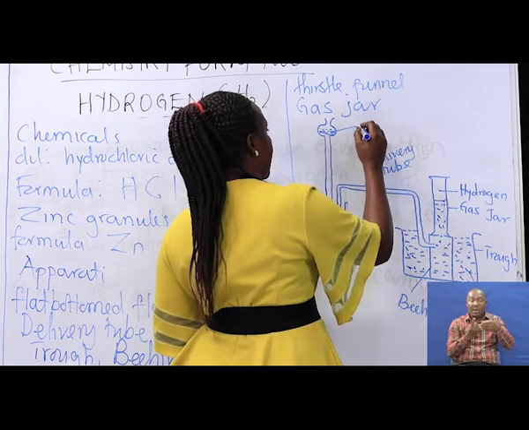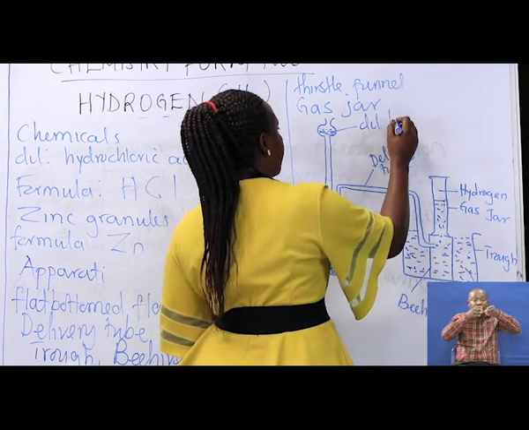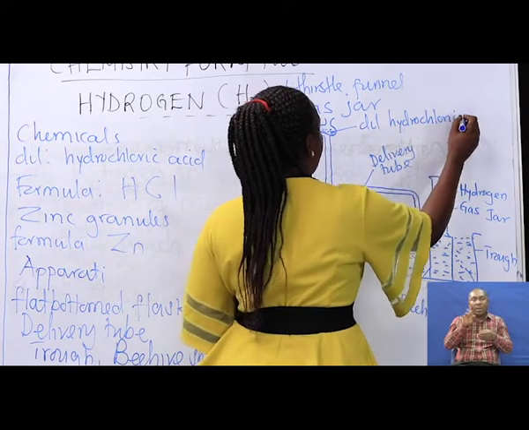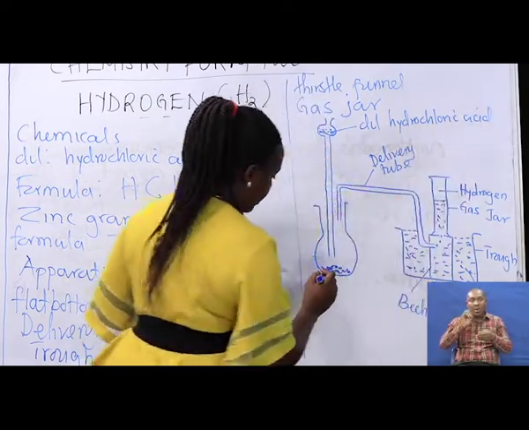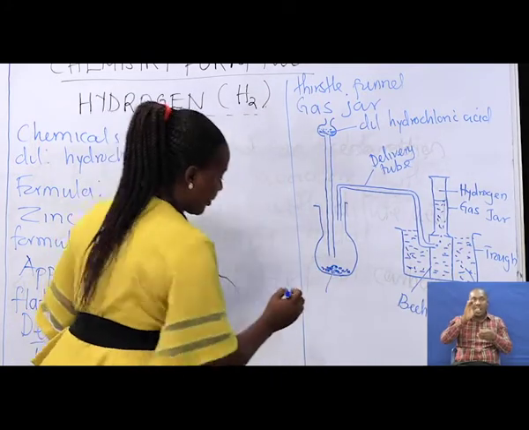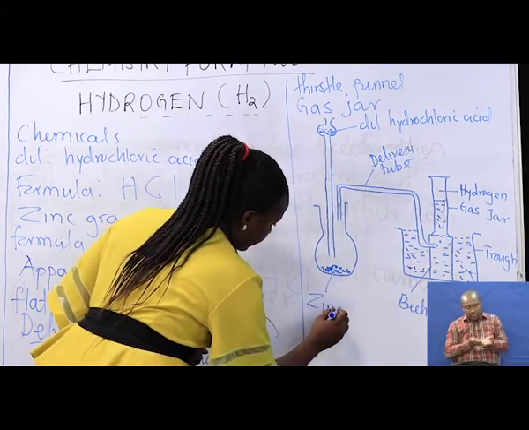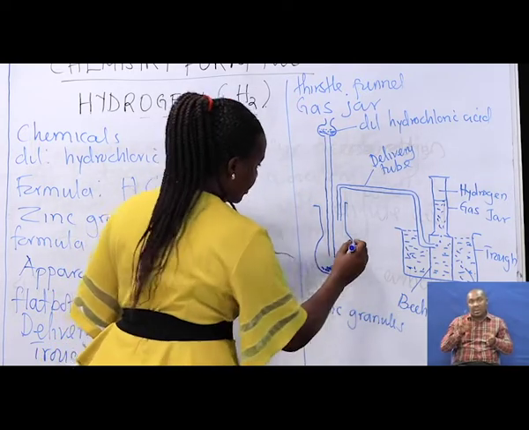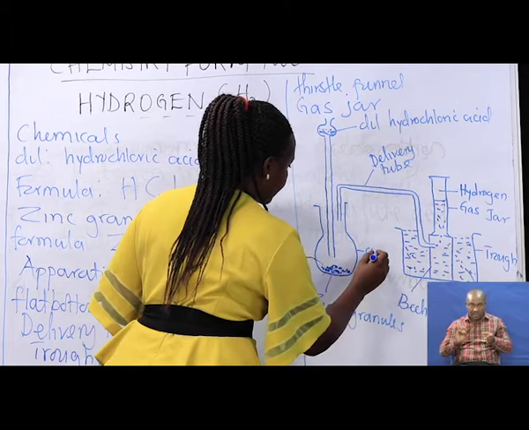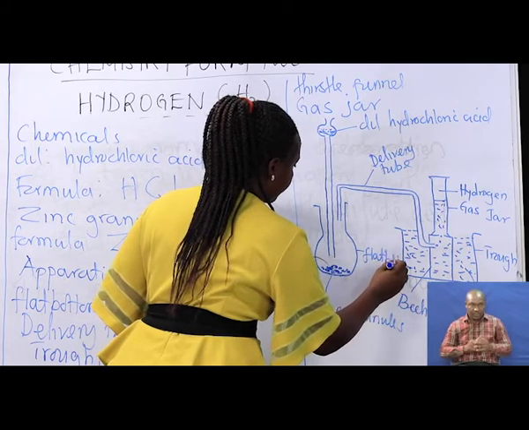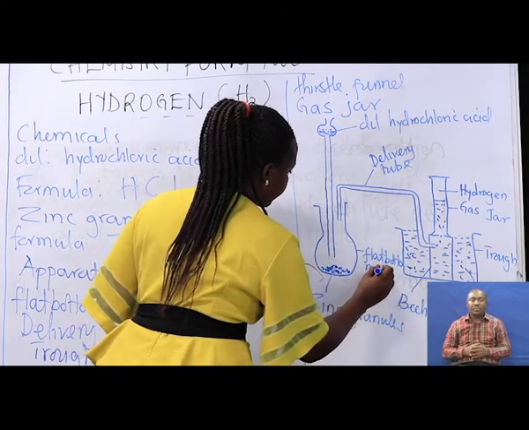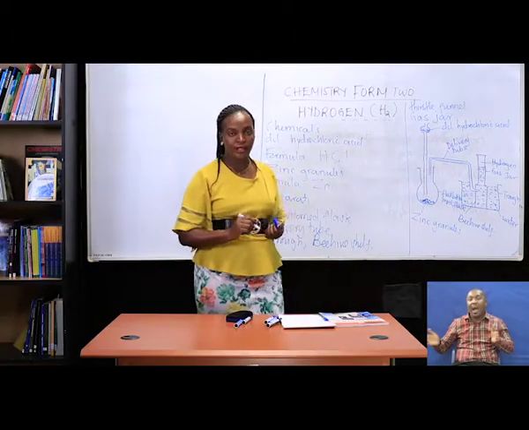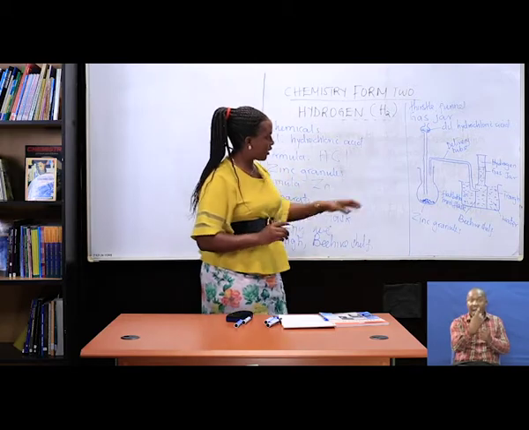We put dilute hydrochloric acid. And in the flat-bottomed flask, there are zinc granules. And this is the flat-bottomed flask. So this is how you are supposed to set your diagram.